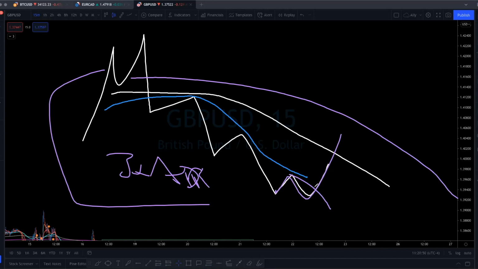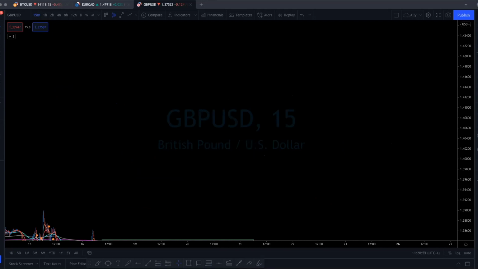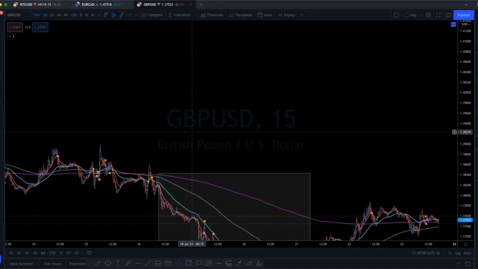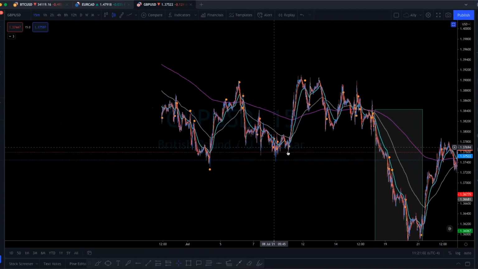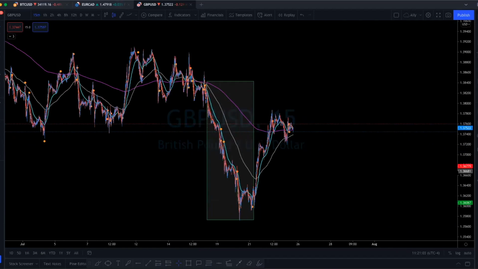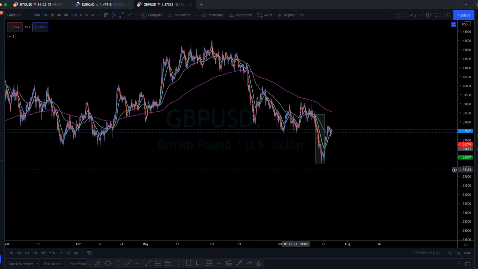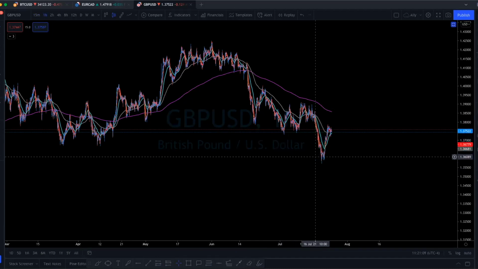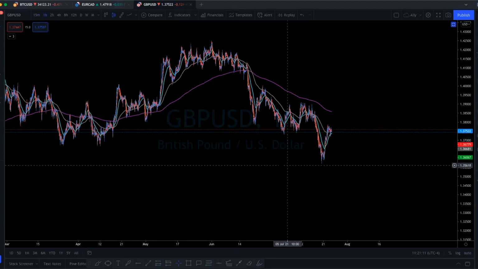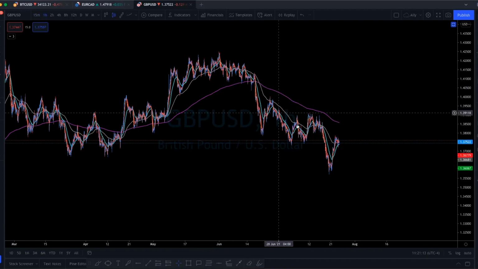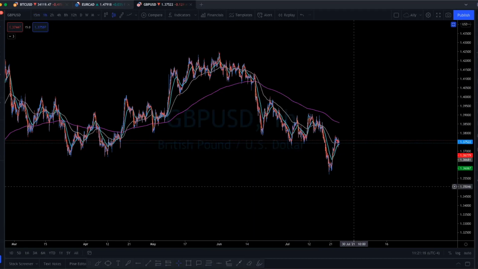So the big rule that I have is whenever the trend is so obvious that a blind person can see it, it's time to start looking at, okay, did we pass 3 times ADR yet? Or are we close to 3 times ADR? Because if the trend is very obvious, everybody obviously is going to want to go with the trend, because every book tells you to go with the trend.